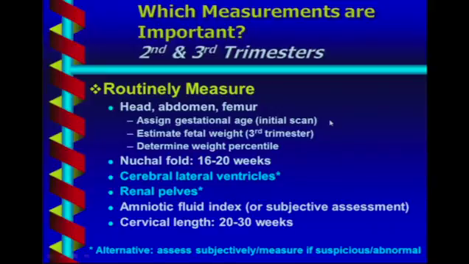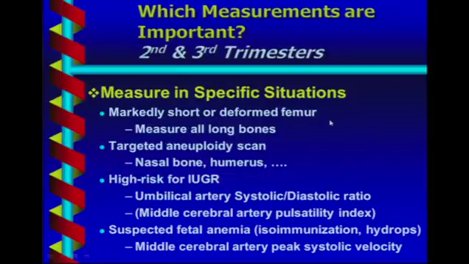I didn't get into it here, but we measure the cervical length, especially at 20 to 30 weeks. And then there are some other things that we measure in specific situations. If the femur is markedly short or deformed, we measure all the long bones. If we're doing a targeted aneuploidy scan, we would look at the nasal bone and measure it, and the humerus.